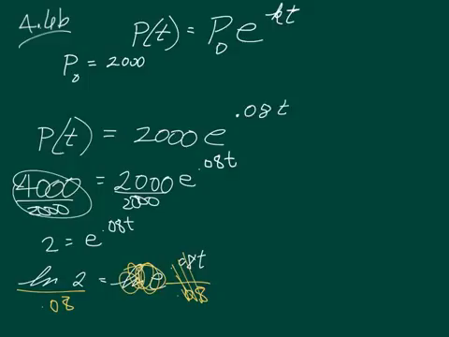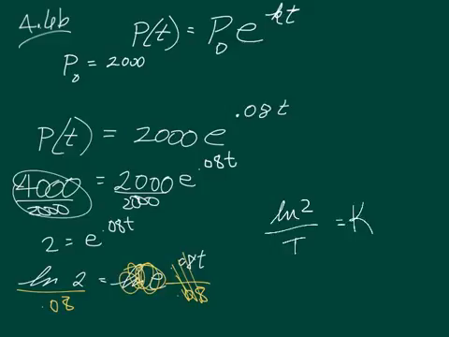Okay, so right here we have ln of 2 over 0.08. 0.08 is k, and the capital T would be the time, or the doubling time. So ln of 2 over the doubling time is going to equal k.